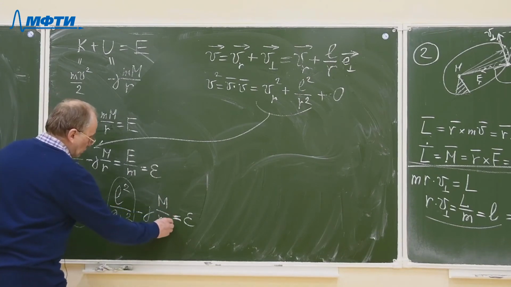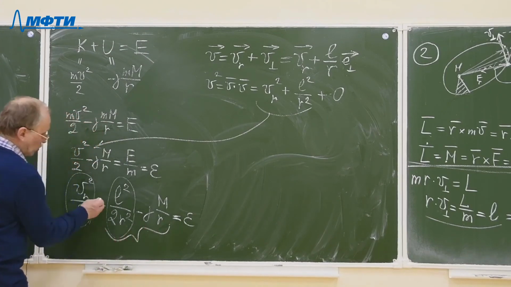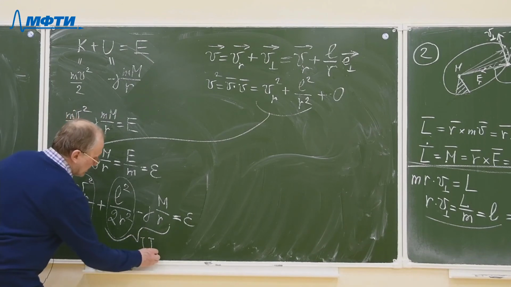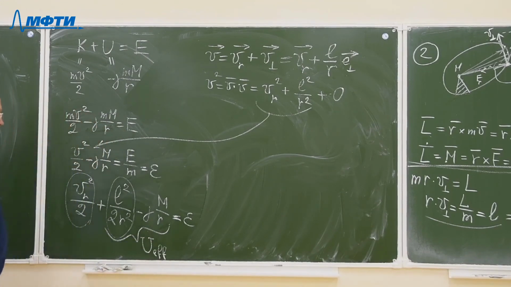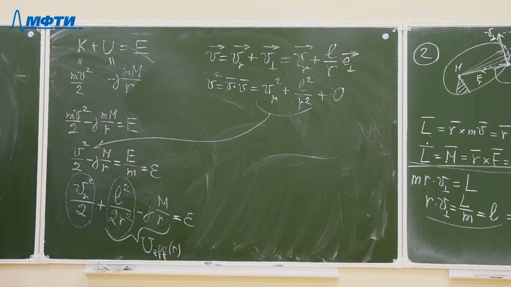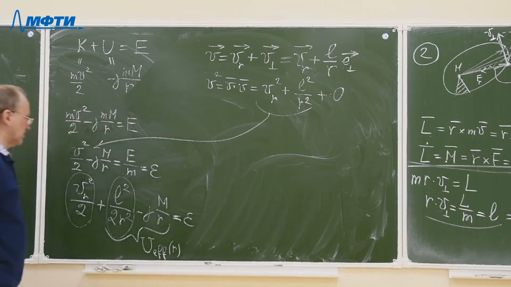And these two terms together are called the effective potential energy per unit mass. Effective potential energy per unit mass, which is a function of radius, of distance to the planet. An effective potential energy.